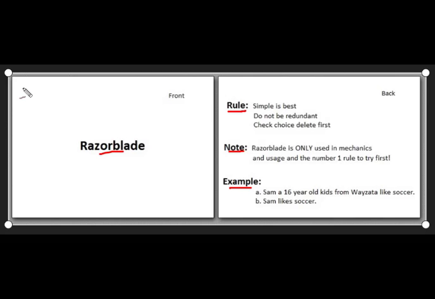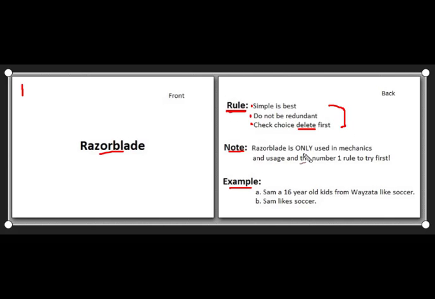Razor blade. What I do on the front is I simply label the card number. It's number 1. Then on the back, here's the rule of what I got out of the video lesson, as specific as possible here. Rule is simple is best for razor blade. Do not be redundant, razor blade, and check the choice that says delete. Check that first. That's the rule. Then we'll make a note about it.